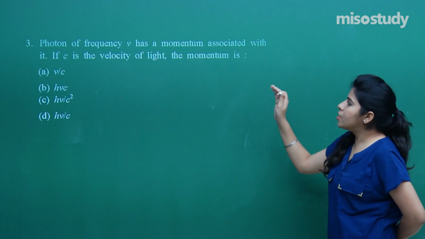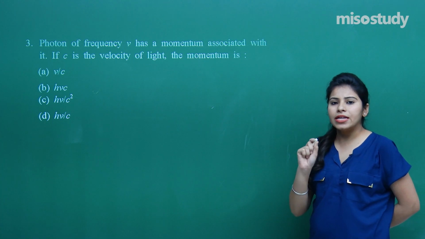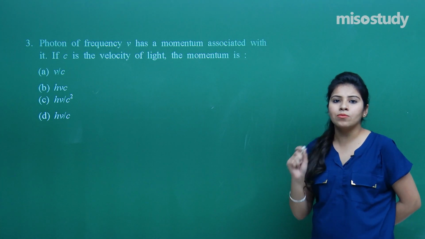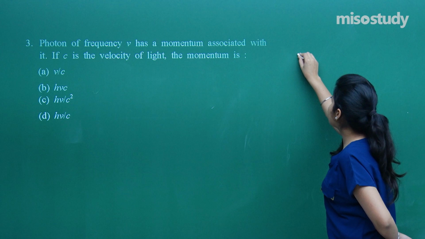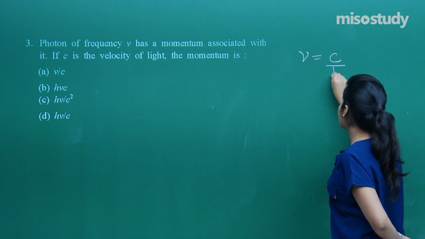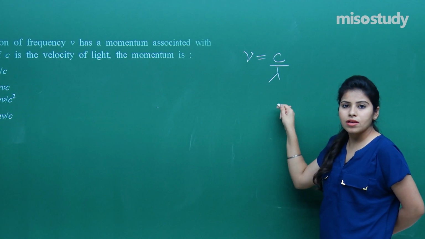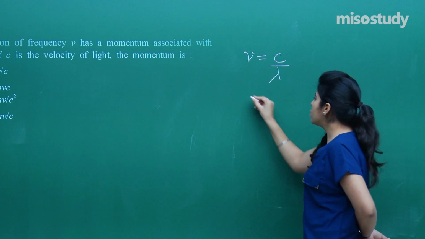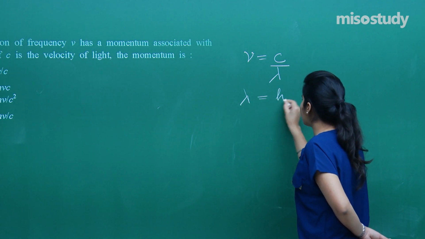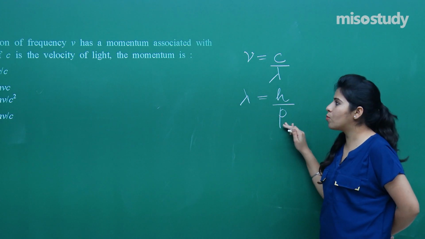We know that there are relations here: nu equals c by lambda, which is the relation between frequency and wavelength, and there is one more relation, lambda equals h by p, the relation between wavelength and momentum.